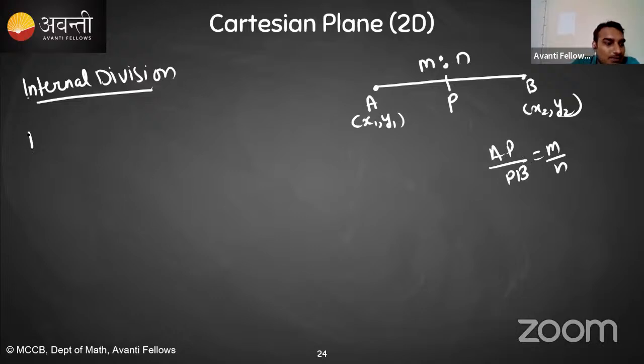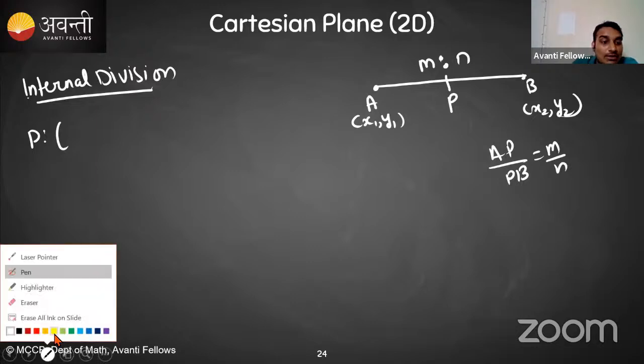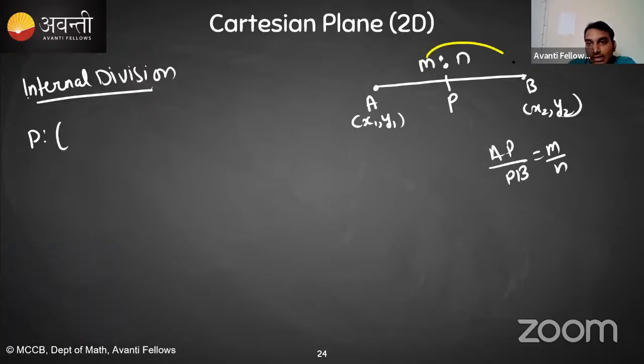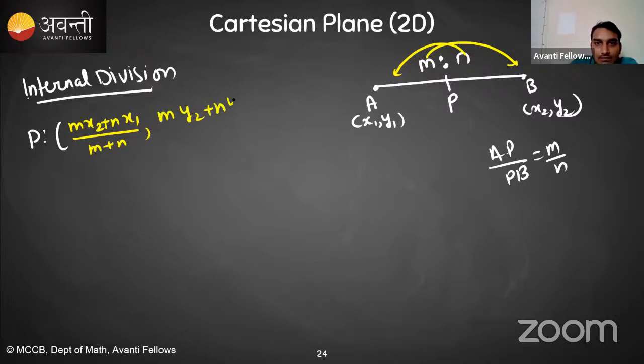So what is the coordinate of P? मैंने बोला था क्रॉस मल्टीप्लाई होता है, m should multiply with B and n should multiply with A. So the coordinate of P is mx2 plus nx1 divided by m plus n, comma my2 plus ny1 divided by m plus n. Clear? Is this clear?